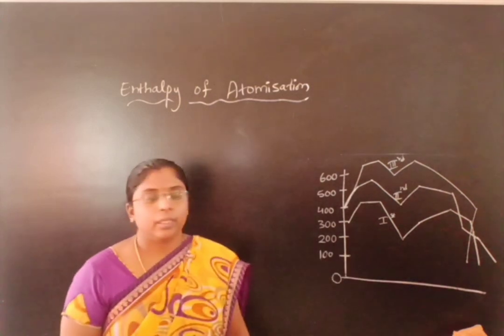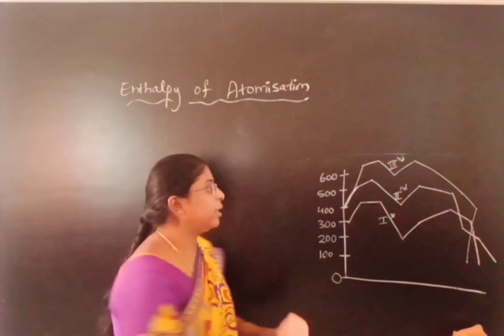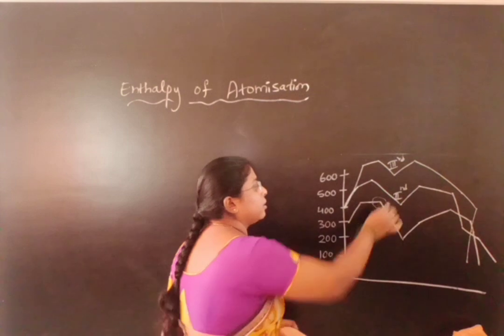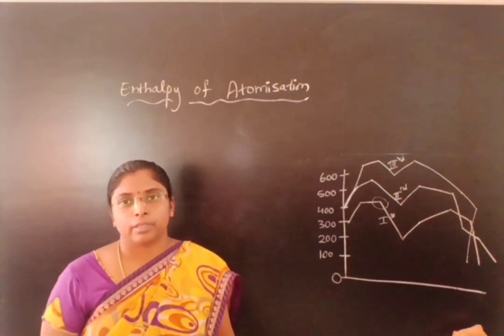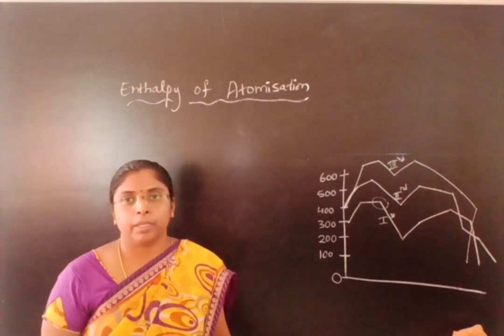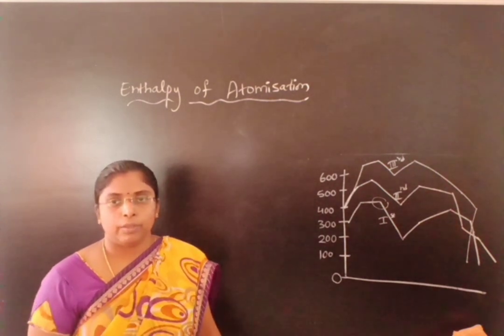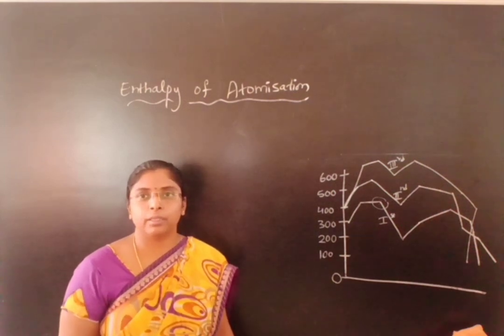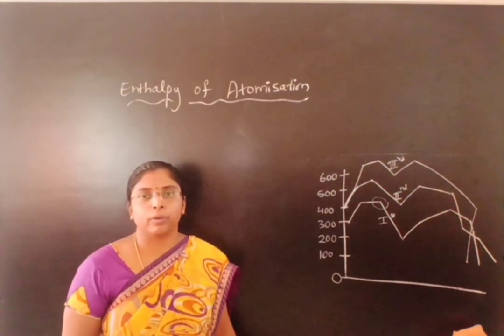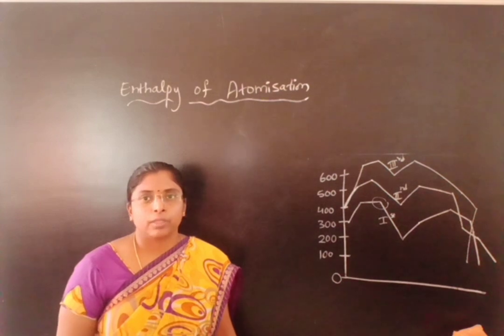Why does it increase in the middle? Because the number of unpaired electrons per d subshell is maximum at the middle. When the number of unpaired electrons is maximum, more bonds form.